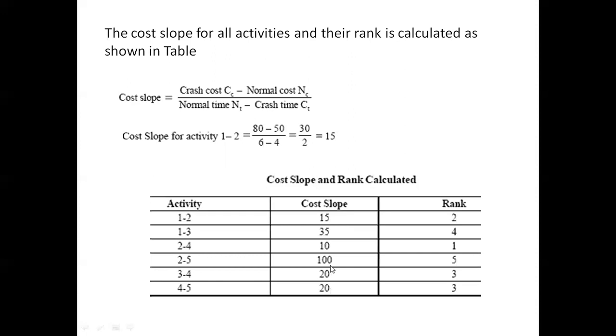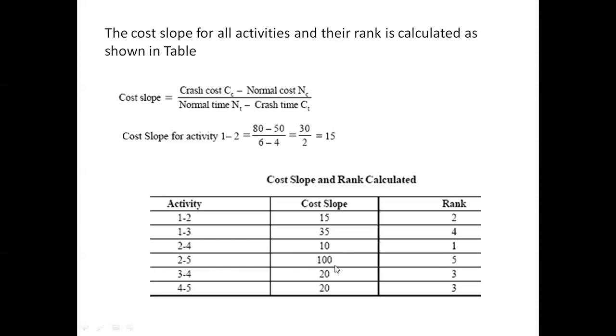There are two activities having 20 as the cost slope, so 3 to 4 and 4 to 5 have been given rank 3. Then next is 35, which is with the activity 1 to 3, and the next number, 4, is given as a rank to this activity 1 to 3. Like that, 5 is given to the last, 2 to 5, which has the highest cost slope of 100 rupees.